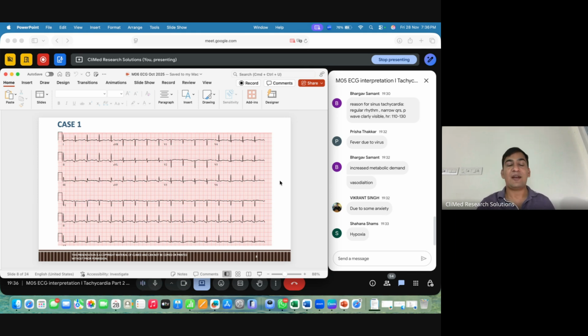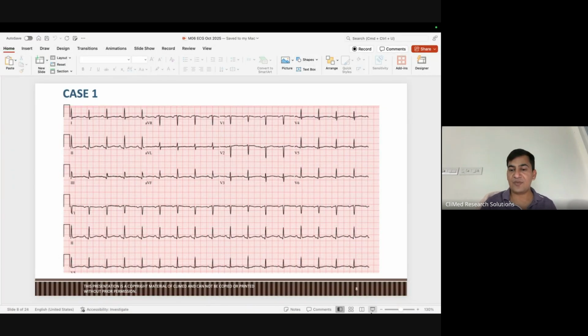Because of that your SA node will be pressurized, and definitely your heart rate will be increased. Understand? So these could be the major pathophysiology. And other than that, toxins or inflammatory responses in infections could be the reason for increased heart rate.